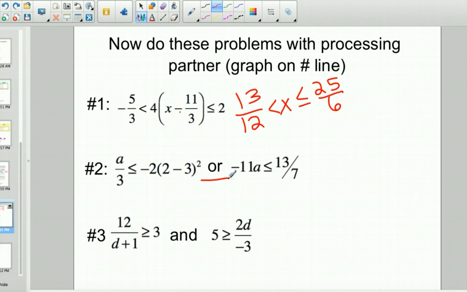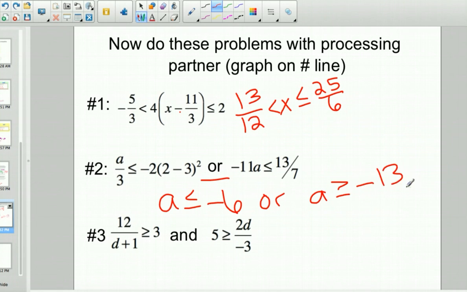We should get an answer of a is less than or equal to -6, or a is greater than or equal to -13/77.